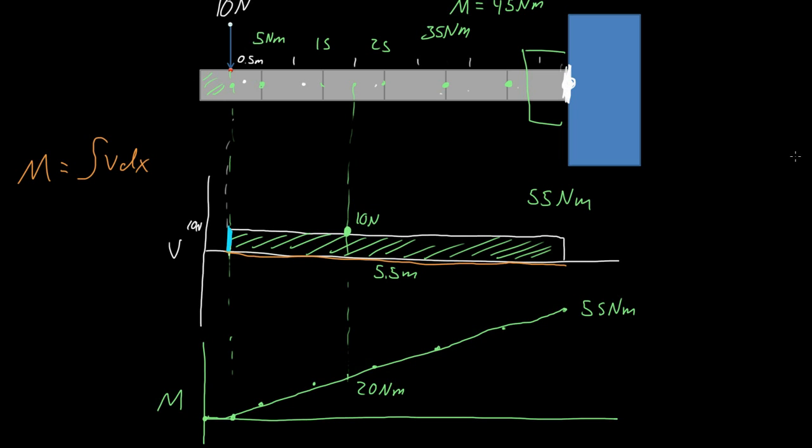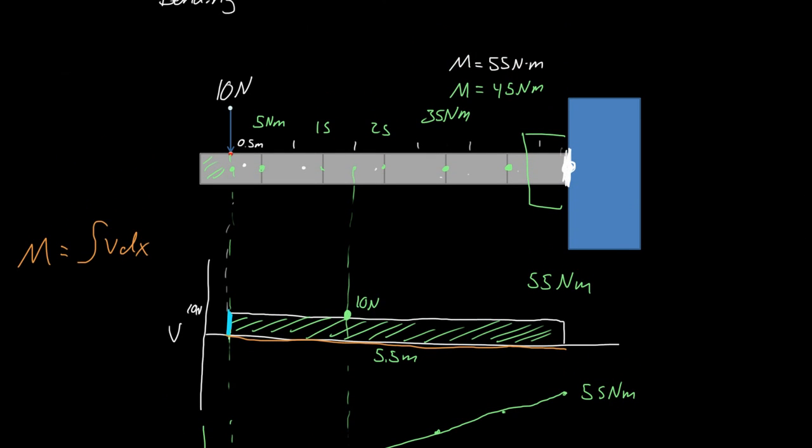Now if we instead added an additional force, let's say we added an additional force right here of 10 newtons, this would shoot up an additional 10 newtons, and that shear force would now be 20 newtons at this point. It would go all the way until we hit the wall.